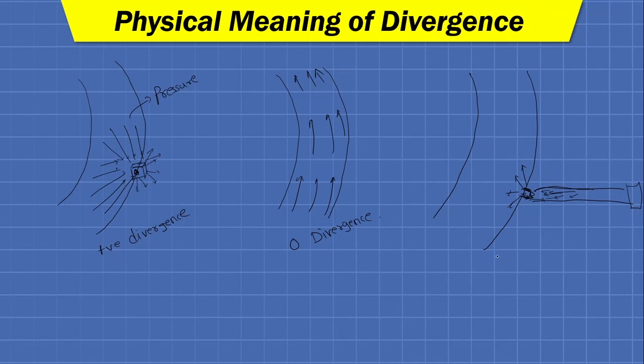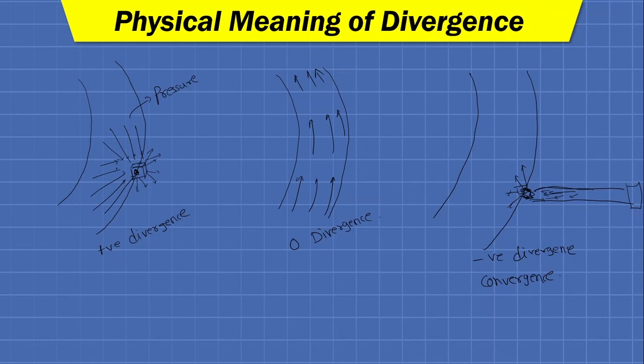Fine. So at that time, the divergence at this point P will be negative, and we can understand this case of filling air in a punctured tire as convergence. So this is how we can physically understand what the divergence is.